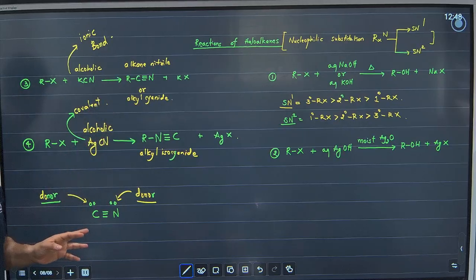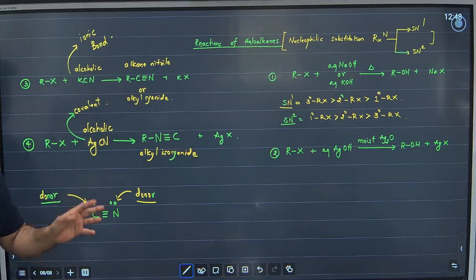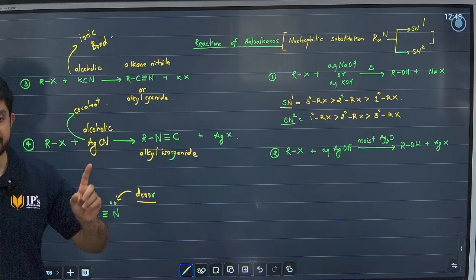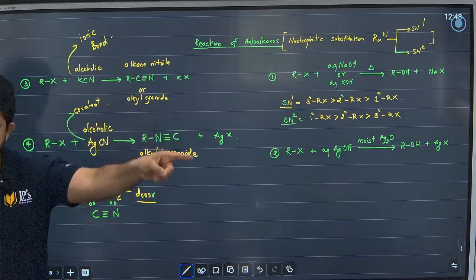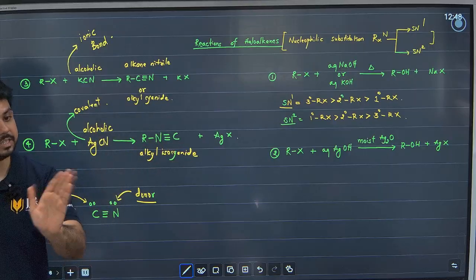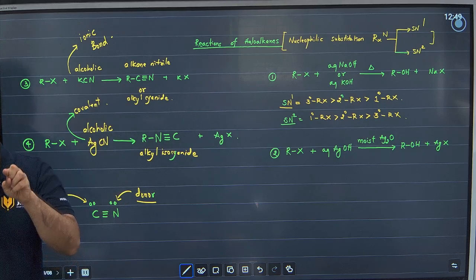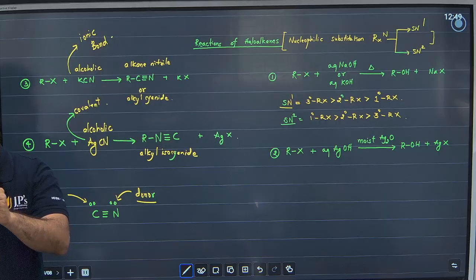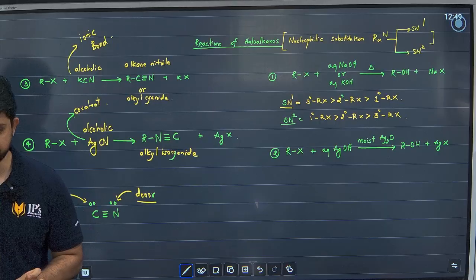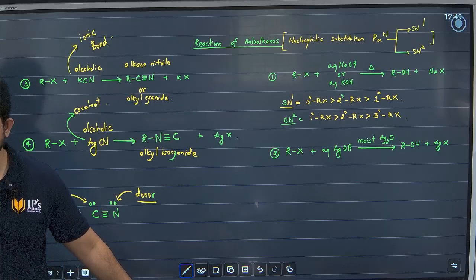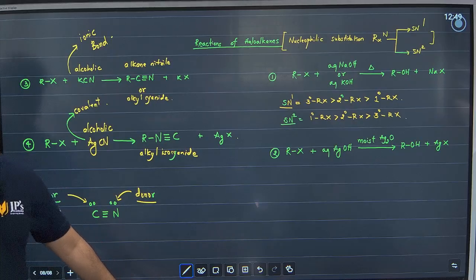Was this done before? No. Okay. And that is why in KCN that bond breaks and CN donates. But in AgCN, the Ag and C bond breaks, so bonding takes place via nitrogen, and when that bond forms, then the Ag and C bond breaks. Did you people get that? Yes or no? Did everyone understand?